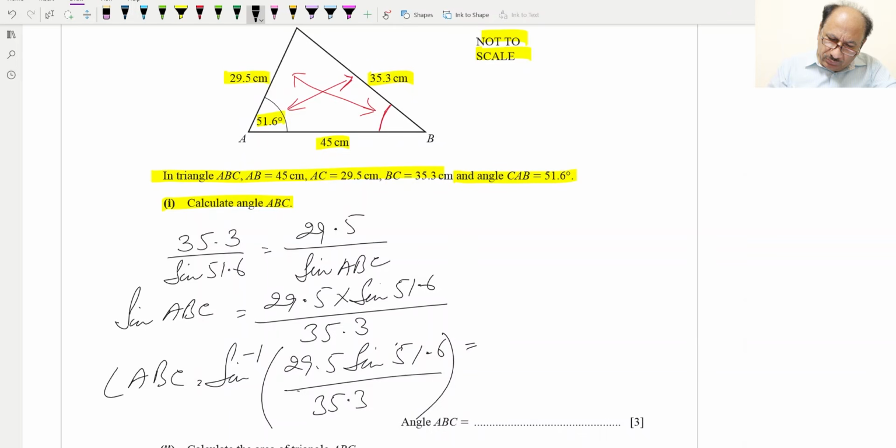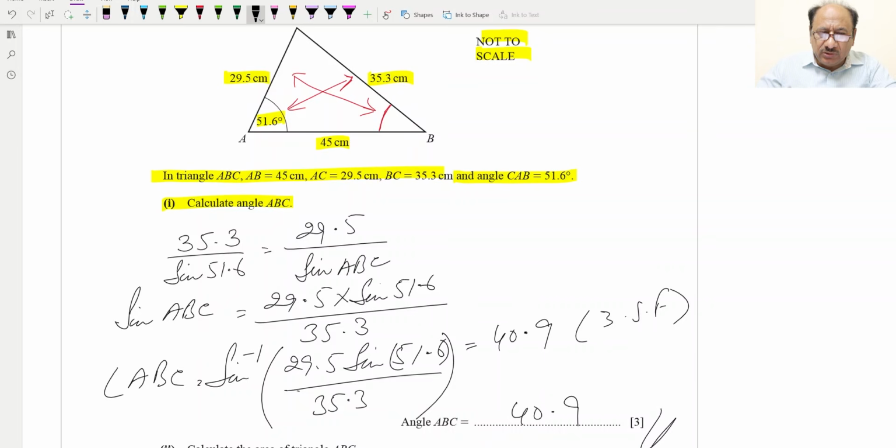So this one we will put in brackets. So 40.9 will be our answer up to 1 decimal place or 3 significant figures, we can say. So 40.9, and this was a 3 mark question which we have done.